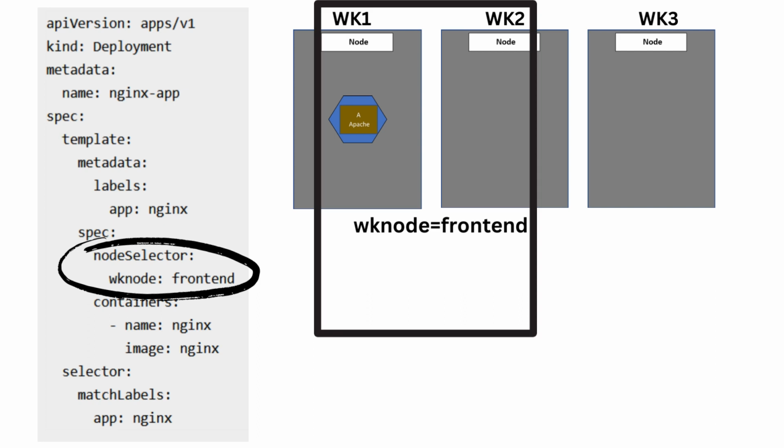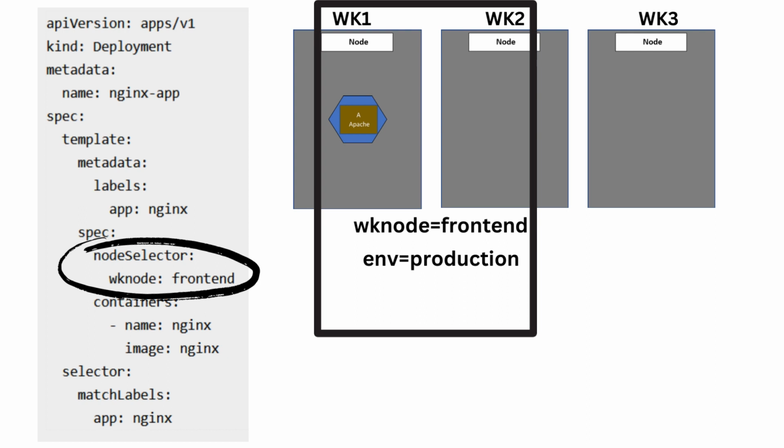This method is very common and of course a better approach compared to using the node name field because you can assign more than one label to nodes and maneuver the scheduling of pods across the nodes as you want. You might also decide not to use the YAML manifest file.